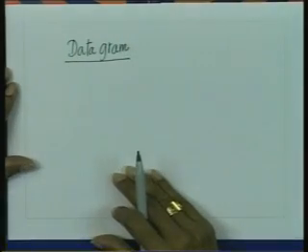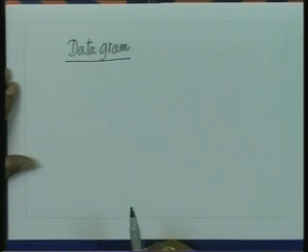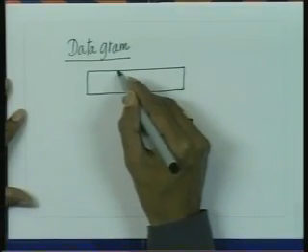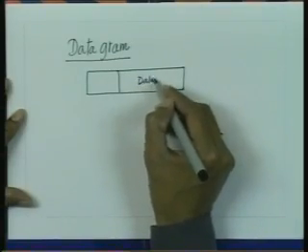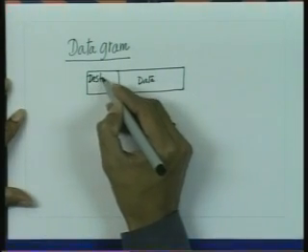Now what is done in the datagram? Datagram is quite similar to the concept of postal routing, where postcards are routed. Each postcard or each letter in the post office is required to have the destination address. Quite similar to that, here in this packet where we have the data, the header will have the destination address.